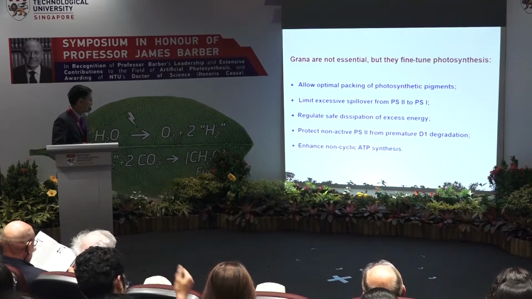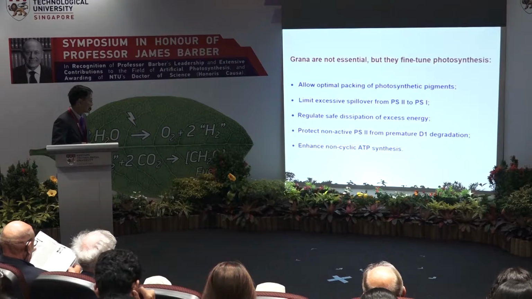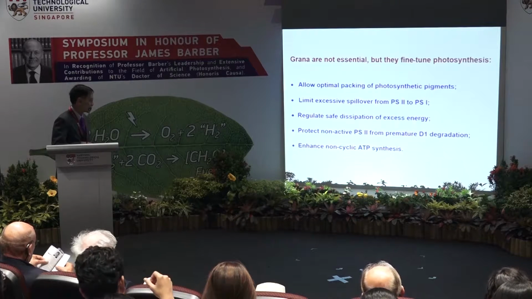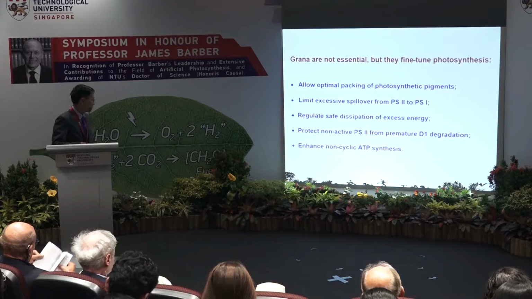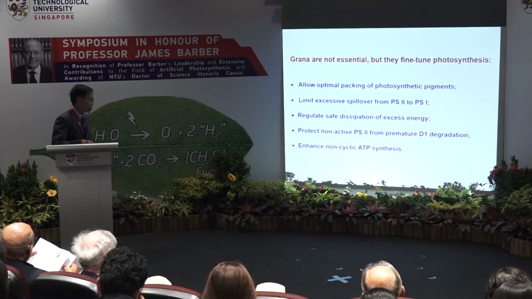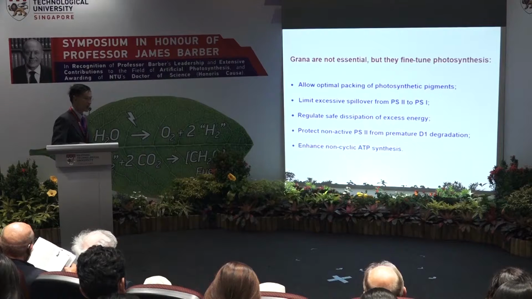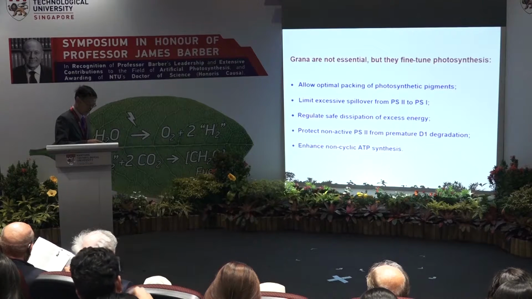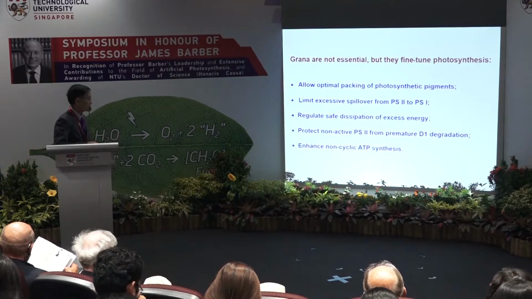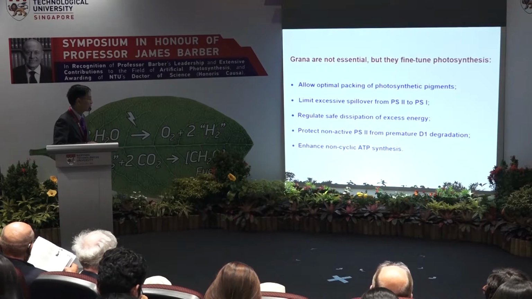And it helps to protect non-active PS2s from premature degradation of one of the components. And something that I discovered is that under identical conditions, stacked membranes can perform non-cyclic electron transport-driven ATP synthesis at 2 or 3 times the rate compared with unstacked membranes when assayed in the same medium.